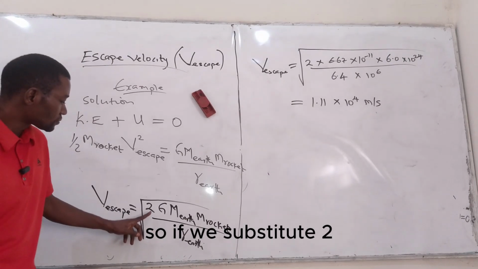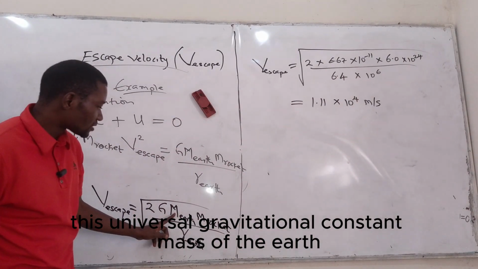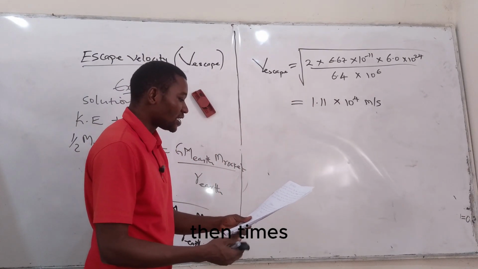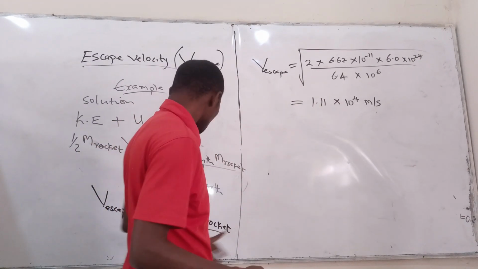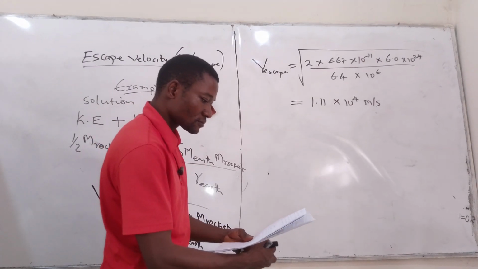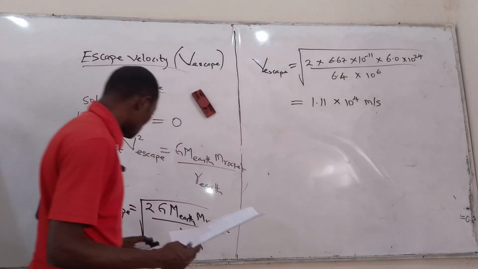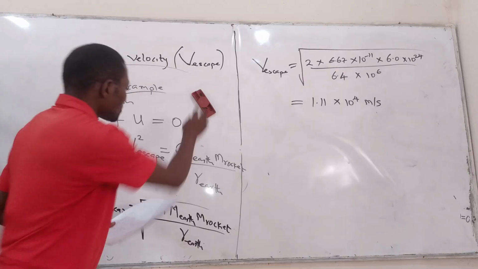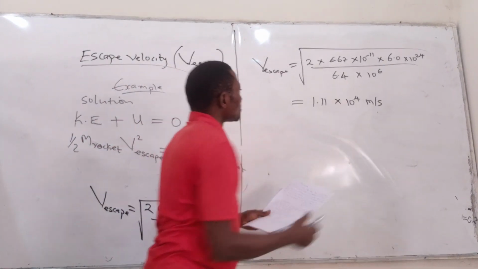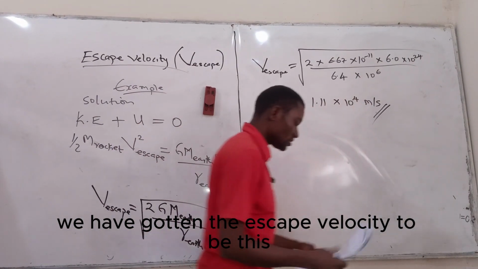So if we substitute the universal gravitational constant and the mass of the Earth and the radius of the Earth, from here, we have gotten the escape velocity to be this.